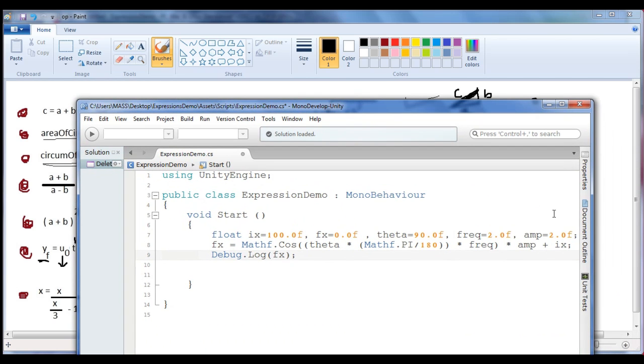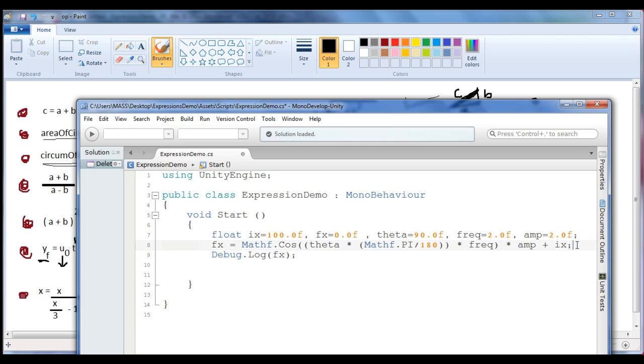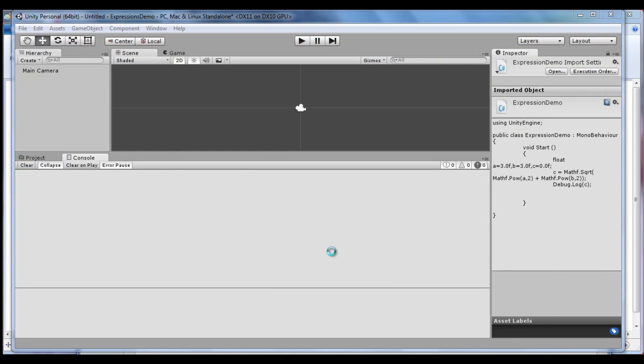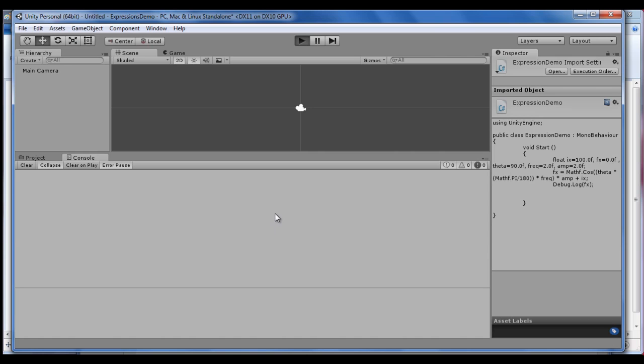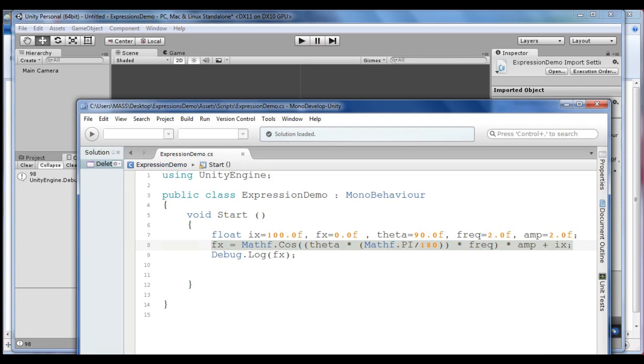Now what result do we get after this evaluation? Let us see. If I run the code, you see the result is 98. That will be the next final x position after evaluating this.